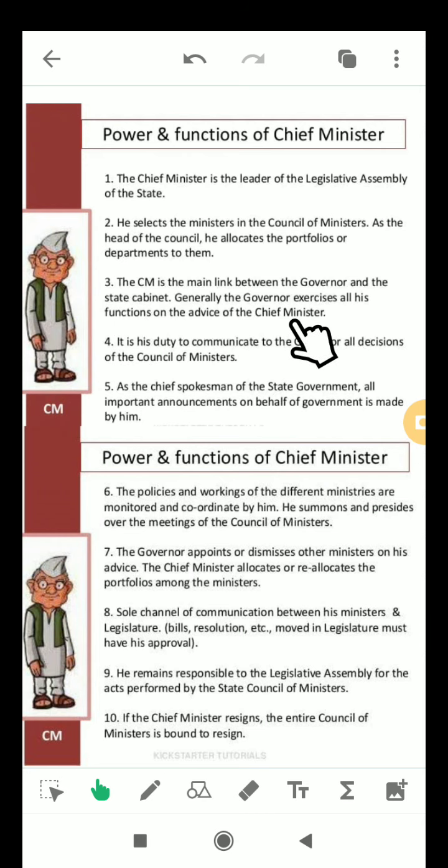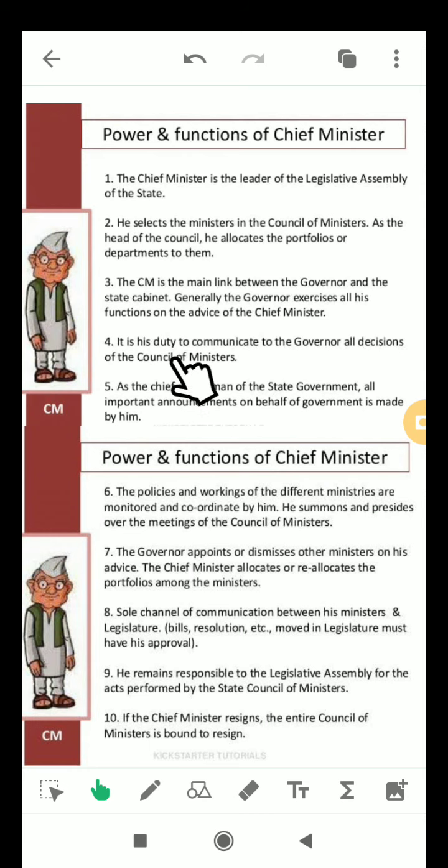Generally, the governor exercises all his functions on the advice of the chief minister only.